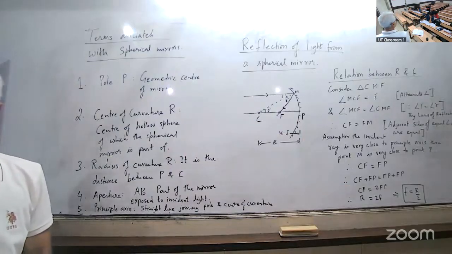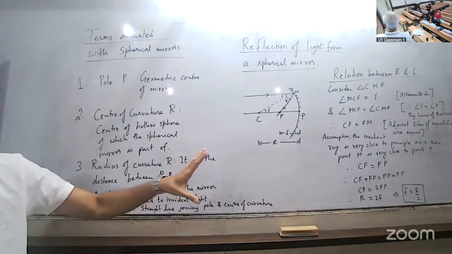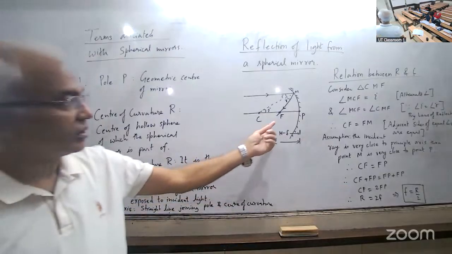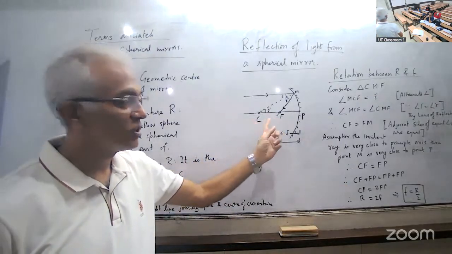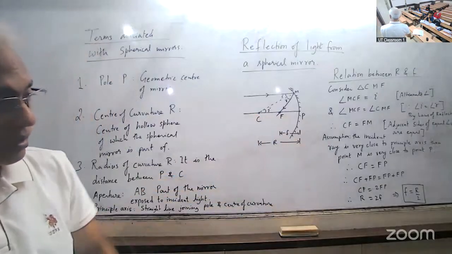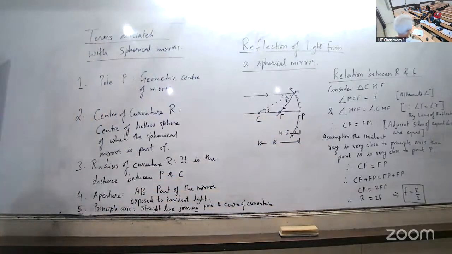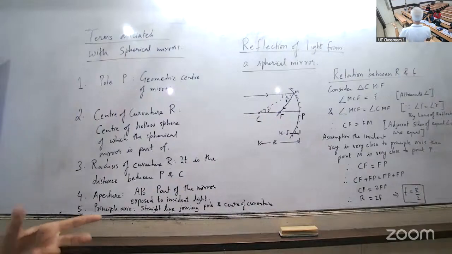The proof will not come in the examination, but you should understand why F is the midpoint of C and P. It will be used in numericals. The proof will not be asked, but the result should be used in numericals.